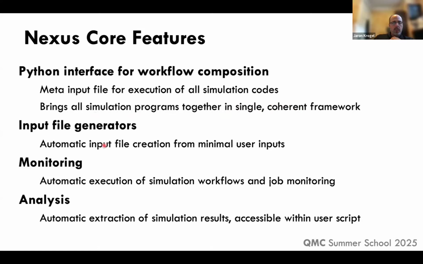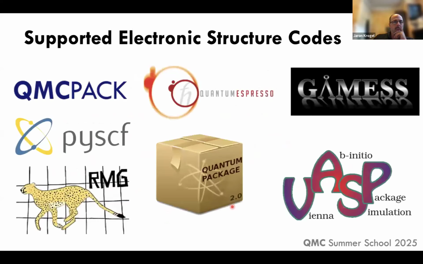It automatically generates input files from a minimal amount of user input, so it simplifies things. NEXUS also enables job monitoring, so it automatically executes simulation workflows and monitors them all until they're finished. It also makes analysis easier because it can extract simulation results and make them accessible within the user script itself.